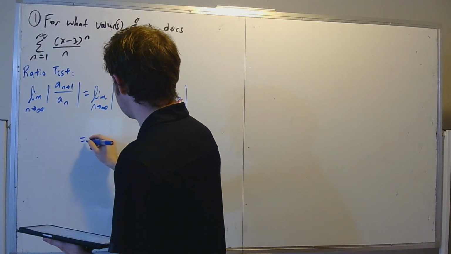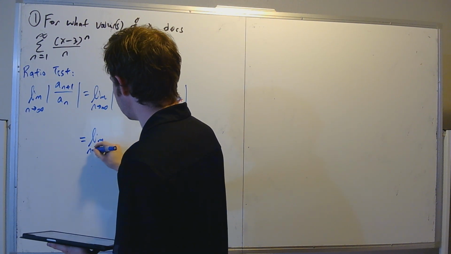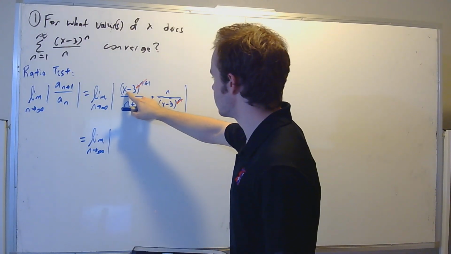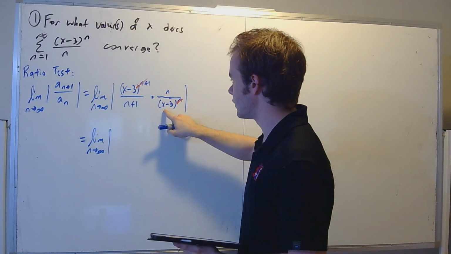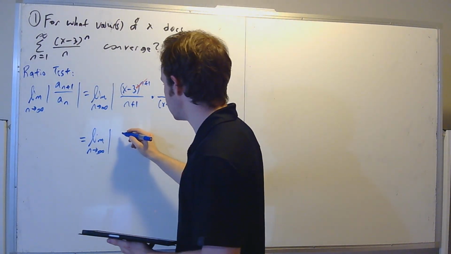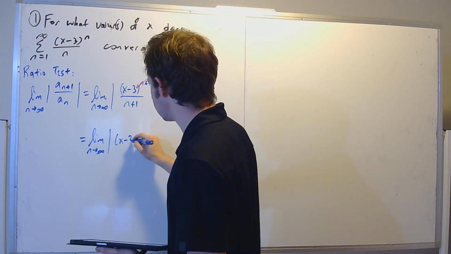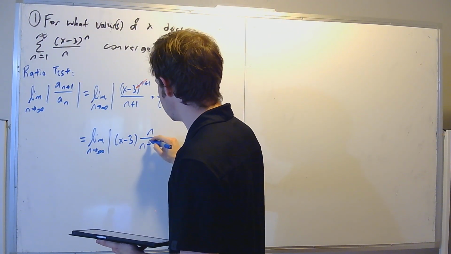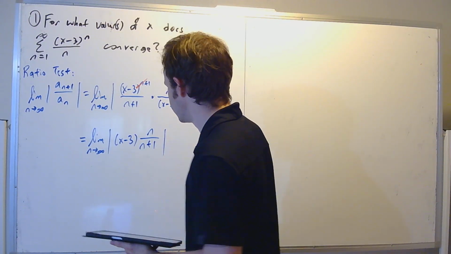So we're going to get the limit as n goes to infinity of the absolute value of x minus 3 times n over n plus 1. Okay.